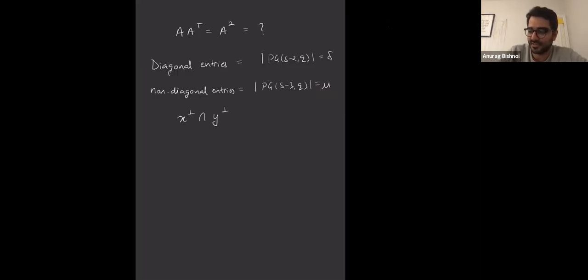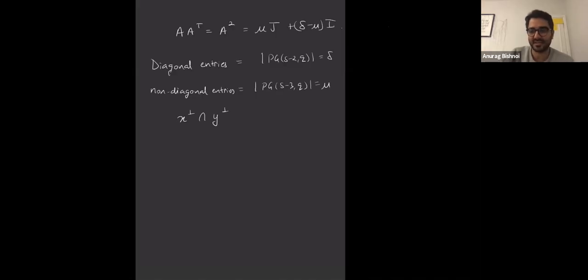Okay, so now you can easily write down what the matrix is. So I hope it's easy to write down. So we have mu times J plus delta minus mu times I. Yeah, the intersection of two hyperplanes is always a constant, and one hyperplane also has constant size.